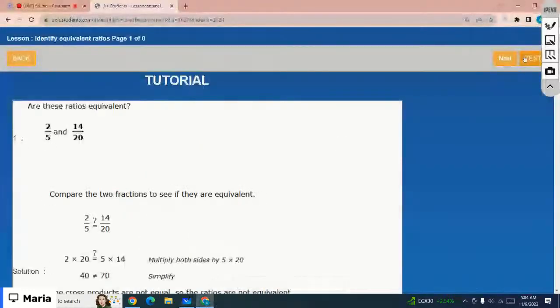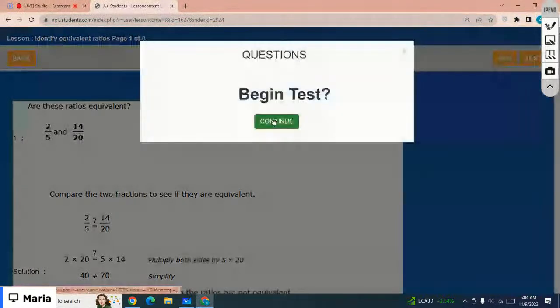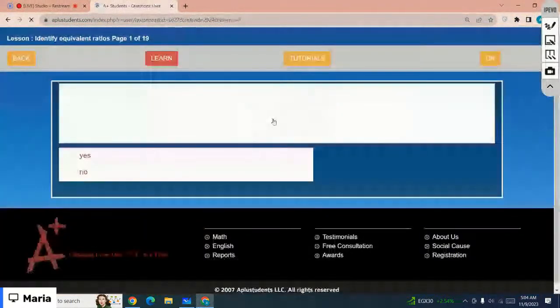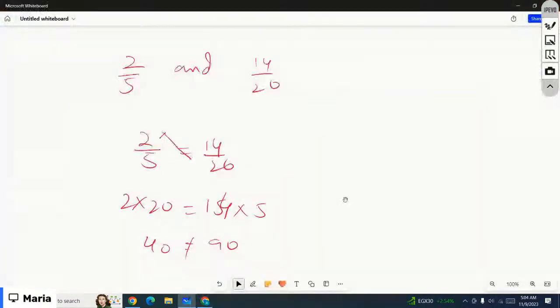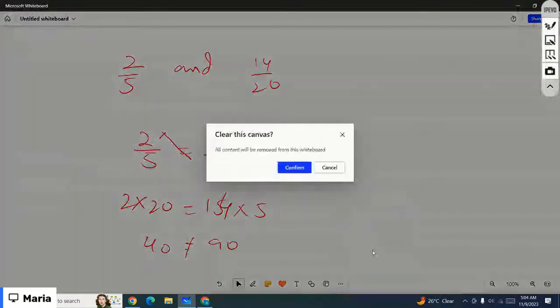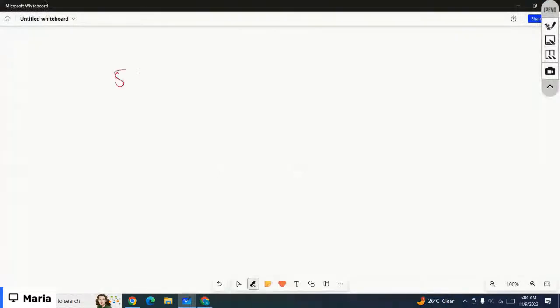Let's just start with the test question. Okay, are these ratios equivalent? 5 to 3 and 10 to 6. So that would be 5 over 3 and that equals 10 over 6.